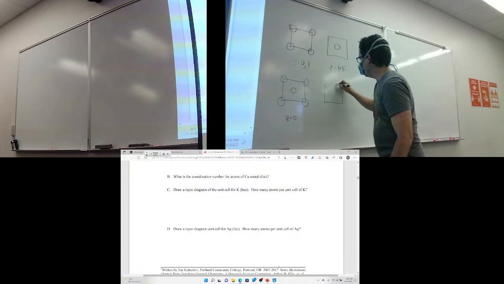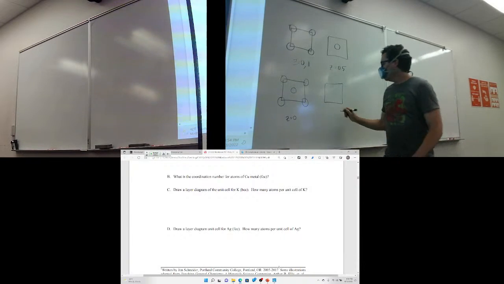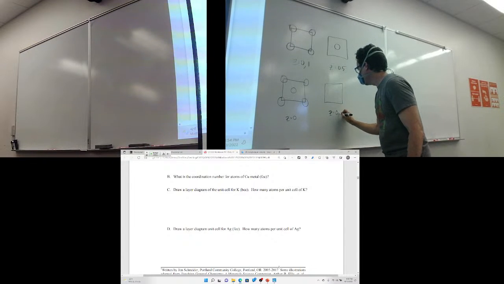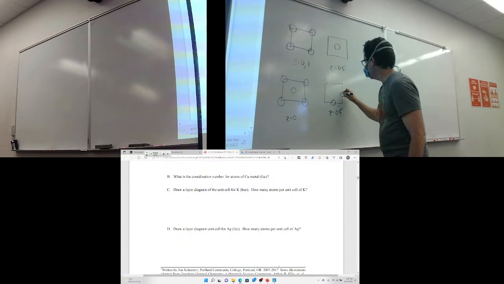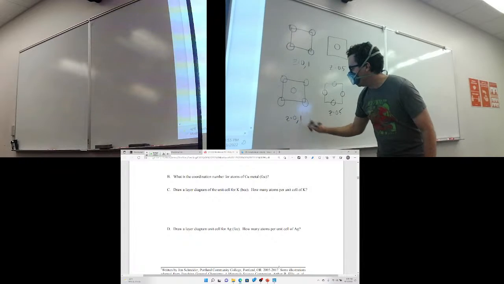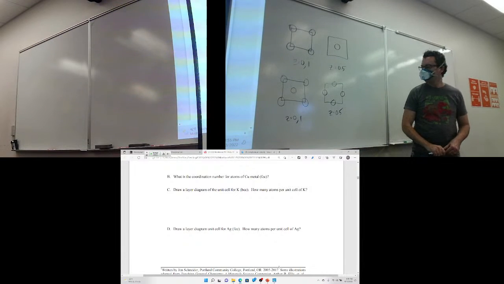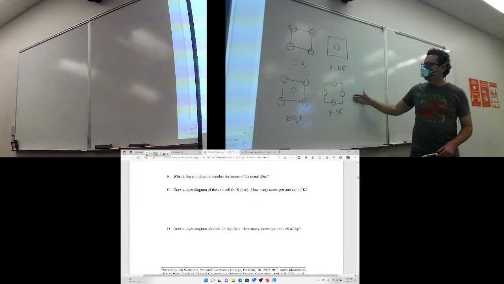And so what else do we have? Well, halfway up, there's a bunch of face atoms, and they are here, here, here, and here. And then the top layer is exactly the same as the bottom layer. There's a face in the middle, and there's 4 corners at the top layer. So that's BCC, that's FCC.